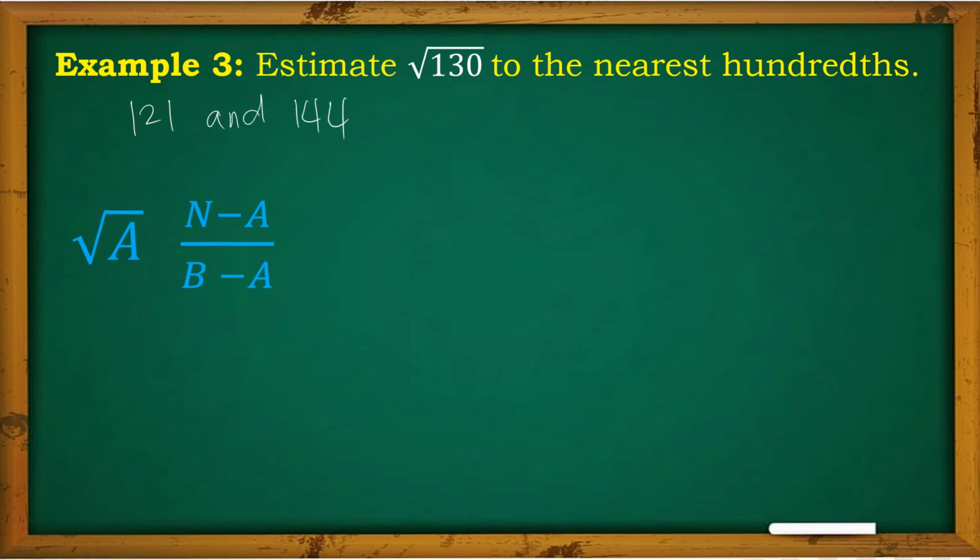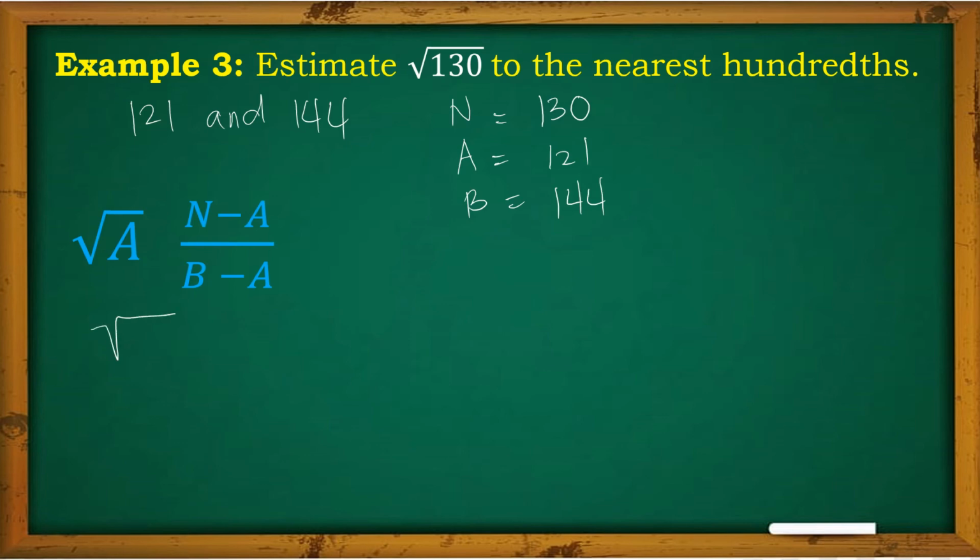So, yung 121 yung before, so 144 yung after. So, ngayon, lagay na natin yung mga values para sa ating mga variable. Tatlo lang naman yung variable natin. Ang n natin is yung radicand, which is yung given 130. Ang a natin is yung 121, yung nauna na perfect square. Ang b natin yung pangalawang perfect square, yung after. That is 144.